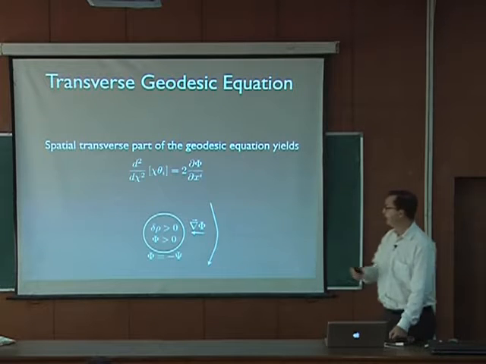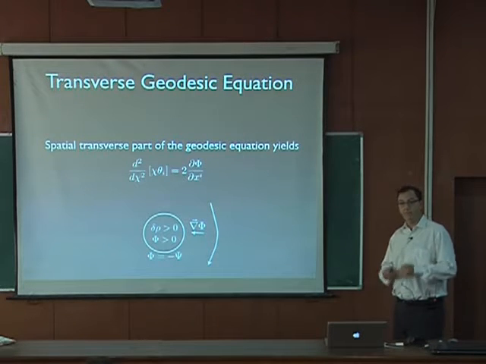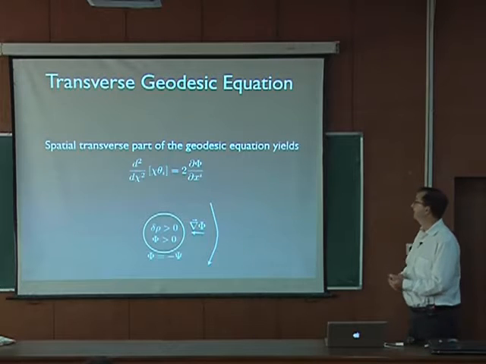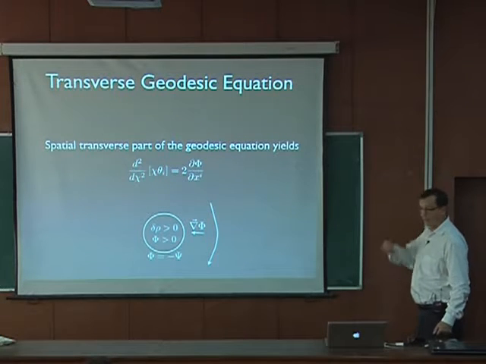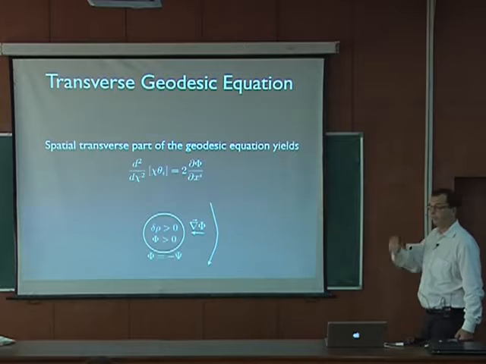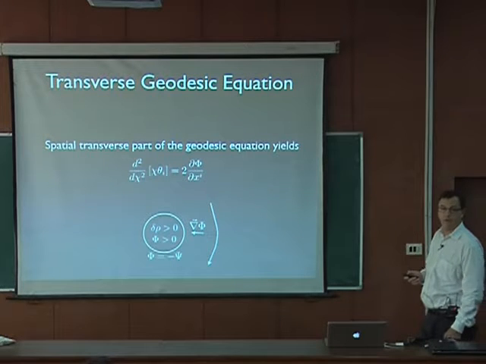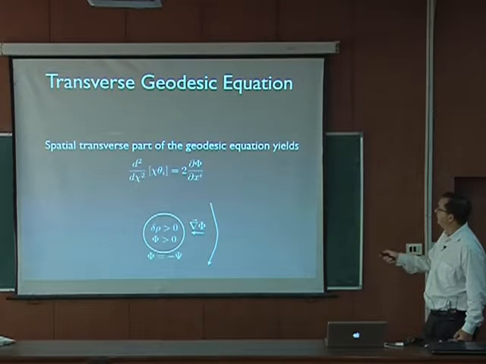So then you can take the geodesic equation and apply it to this perturbed metric in this geometry, and you can derive the consequences, and after a little bit of algebra you find the following.